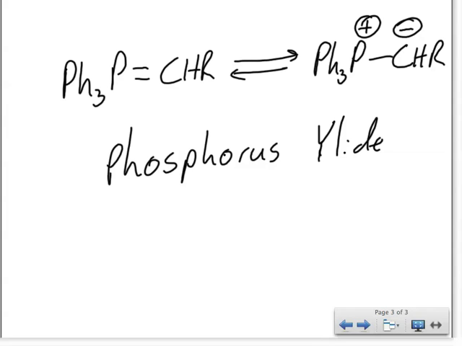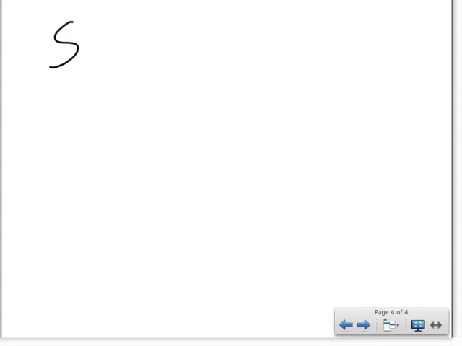The synthesis of the phosphorus ylide starts by synthesis of the salt.